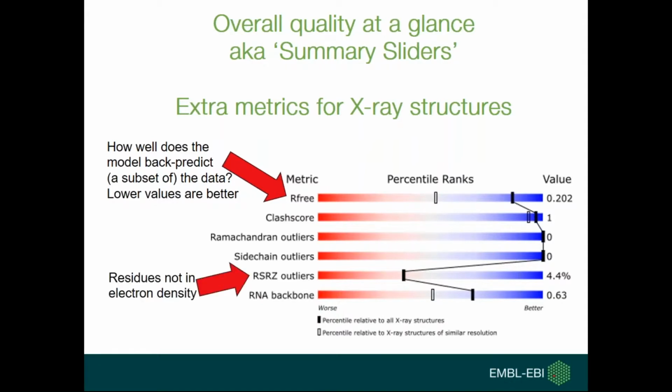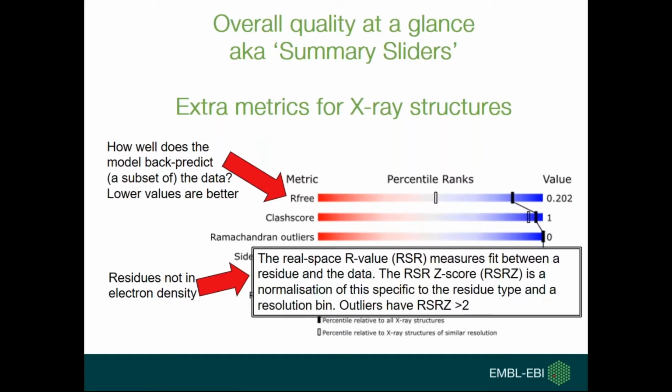And the RSRZ outliers are residues which are not in electron density. So these are atoms or amino acids in the structure which do not fit into the data from which the model has been built. So RSRZ is a Z-score of RSR.